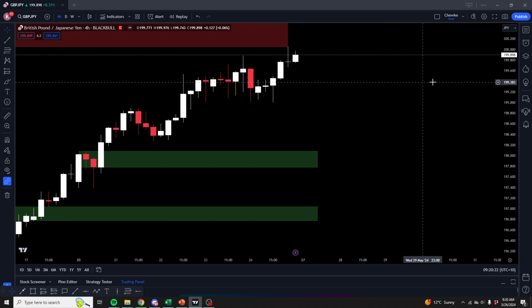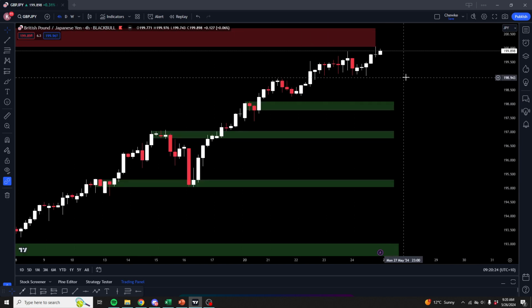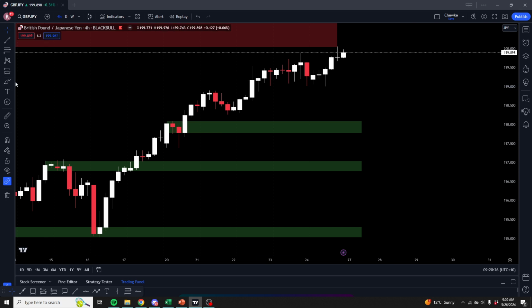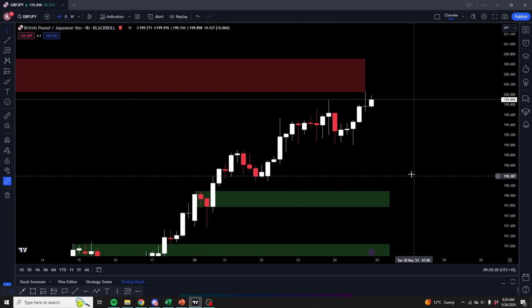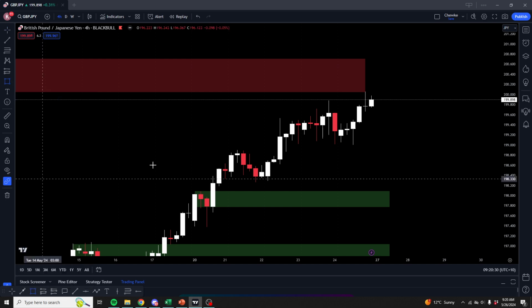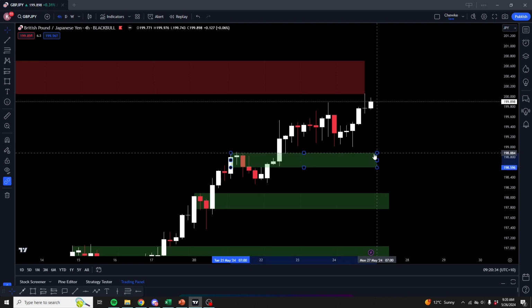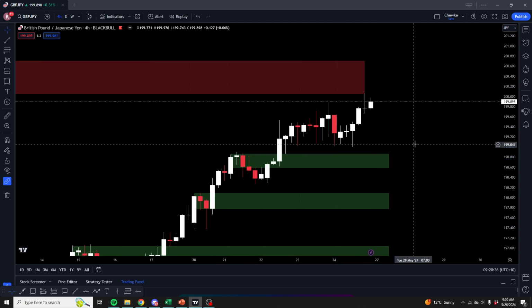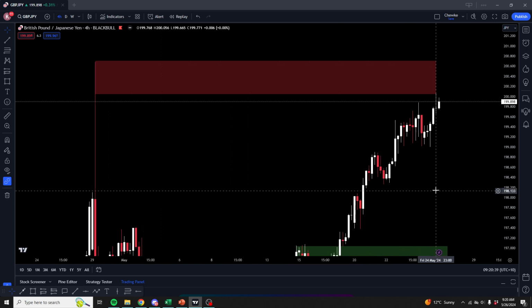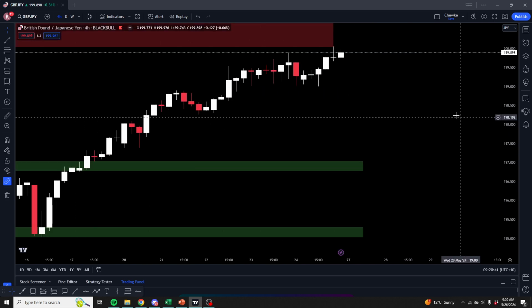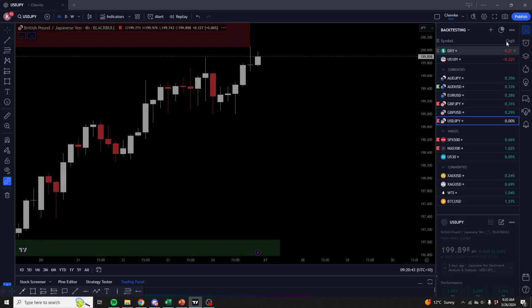So in terms of a 4-hour trade setup, let's have a quick look. I'm just making things up at this point, so no real setup here. UJ.